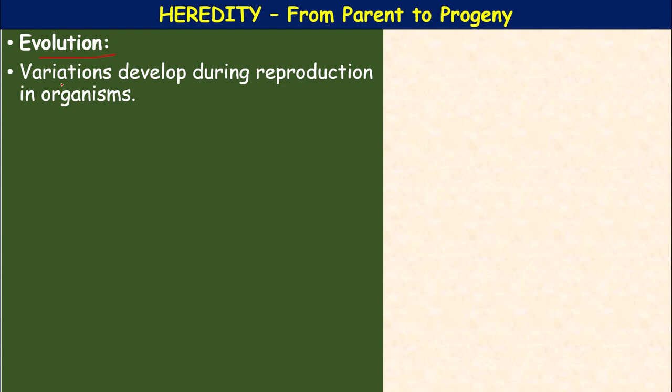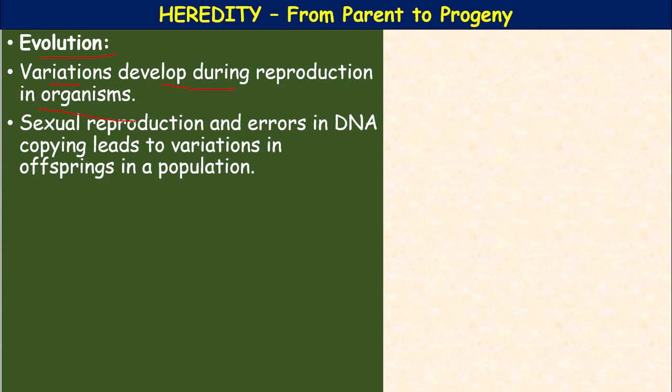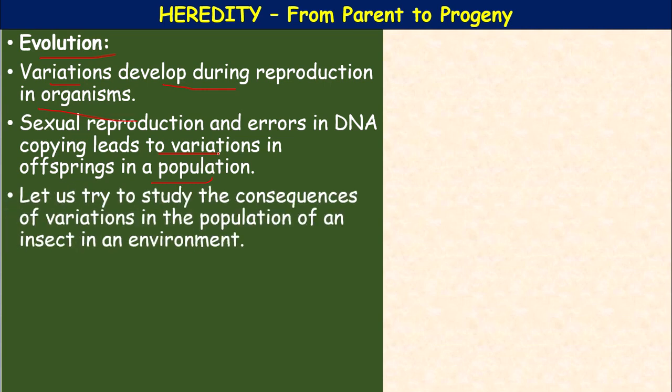What is evolution? The variations developed during reproduction in organisms. Sexual reproduction and errors in DNA copying lead to variations in the offspring in the population. Variations means differences, changes.